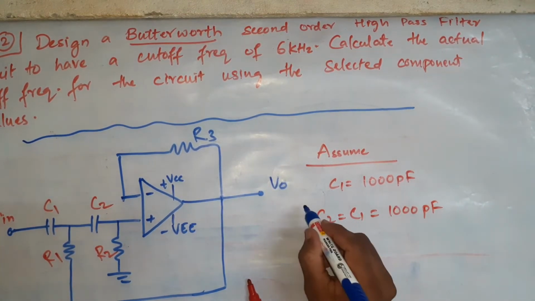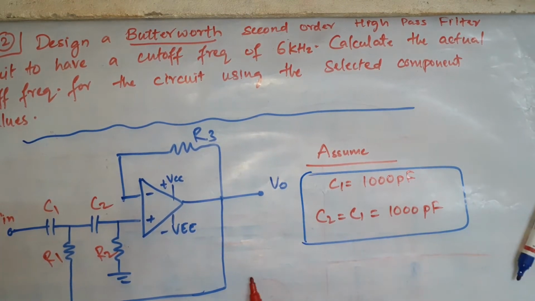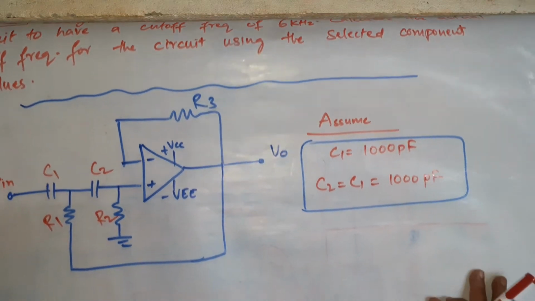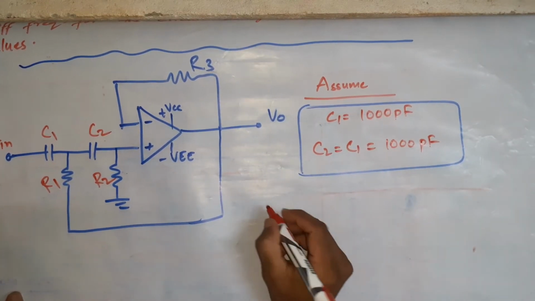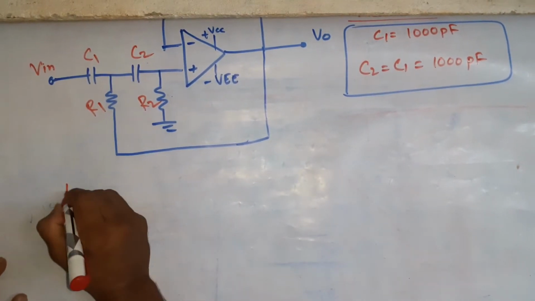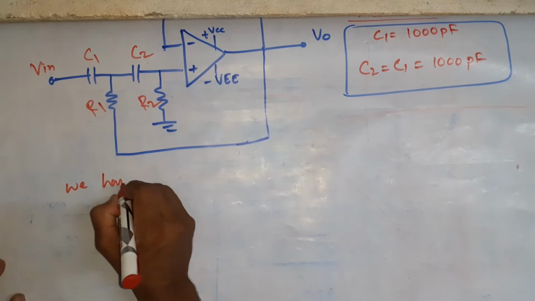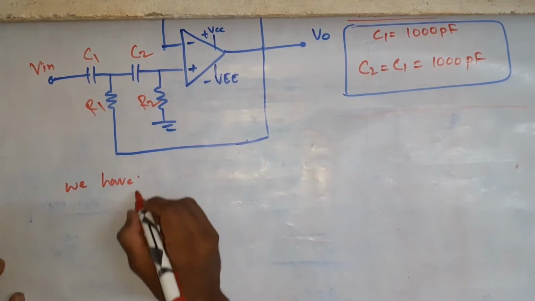So we have C1 and C2. Now the things to find are R1, R2, R3. Let me solve it here. You can refer to the design given in my notes.